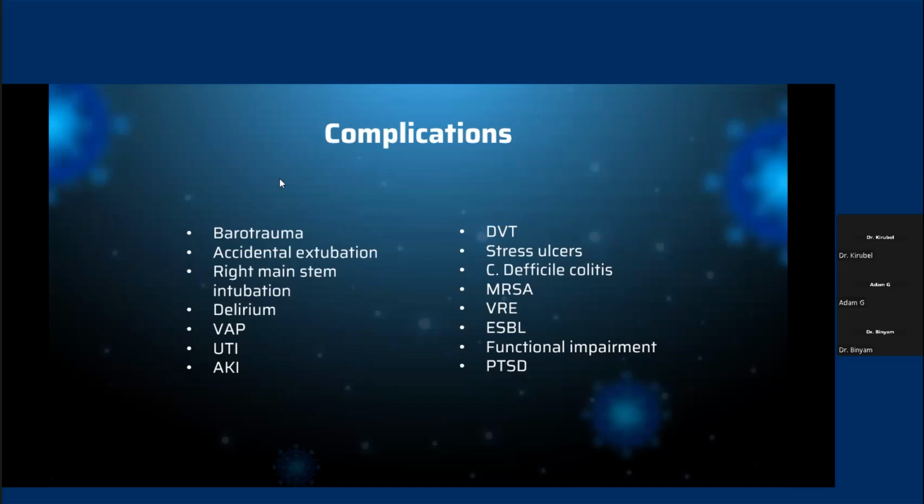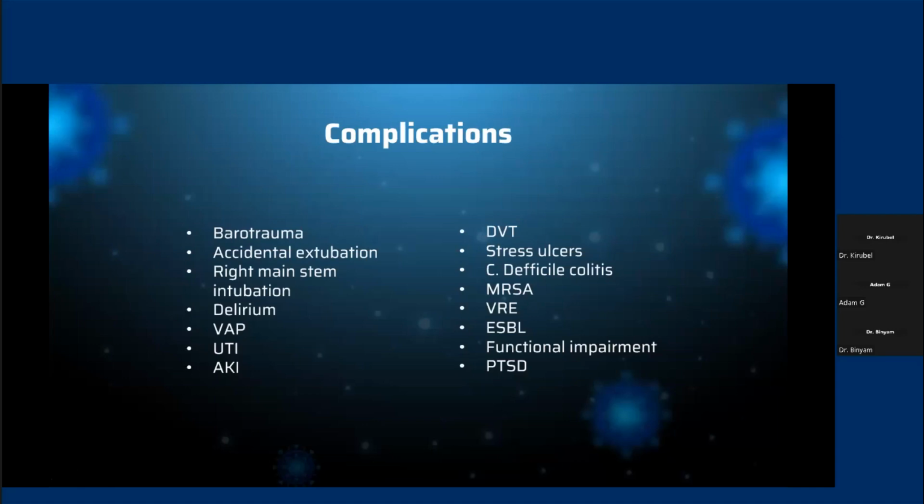So what will be the complications of ARDS? As we discussed previously, barotrauma is one of the complications, especially related to mechanical ventilator settings and the physician's experience in managing this problem, and accidental extubation.